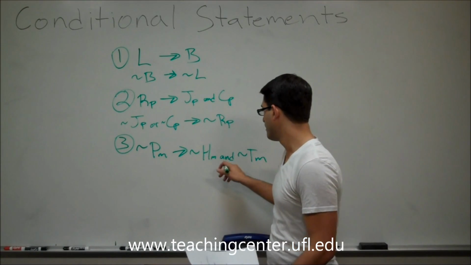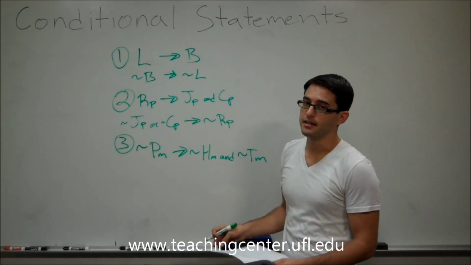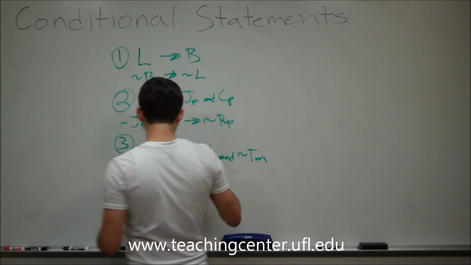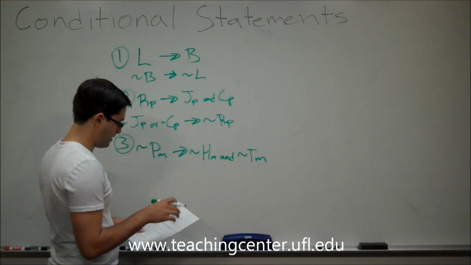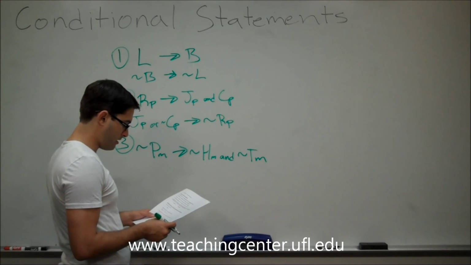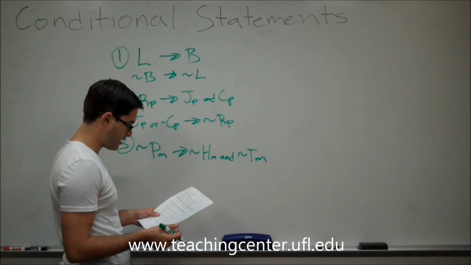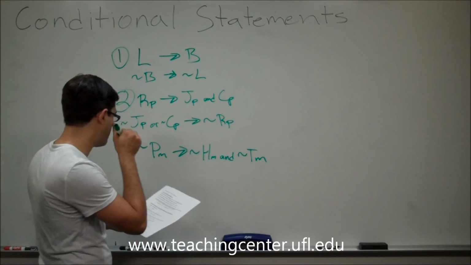If they say neither nor, that's almost the same as saying and. So be aware of that, because that can be kind of tricky, and you can easily make a mistake on that one.